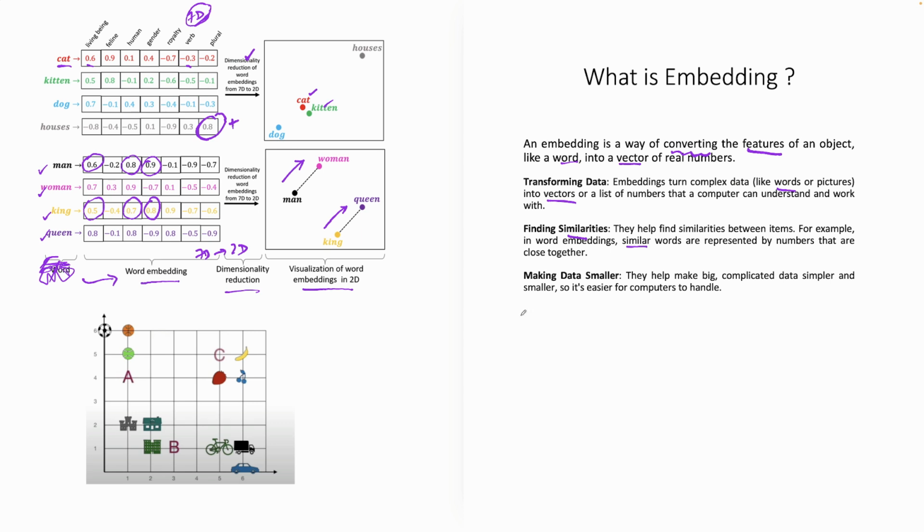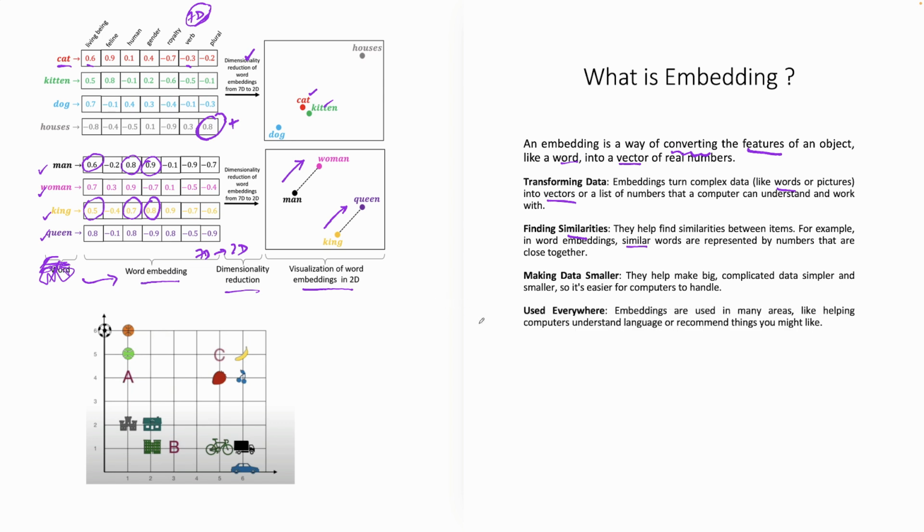Very important, they help to make big, complicated data simpler. As I showed you, we were talking about 7 dimensions, the 7 different features of a cat, kitten, dog. It helps to break down the data into simpler and smaller data, which is easier for computers to understand. So that's why you're working on it.